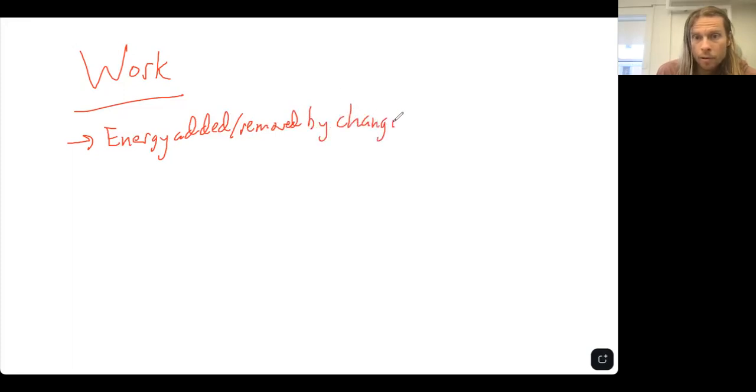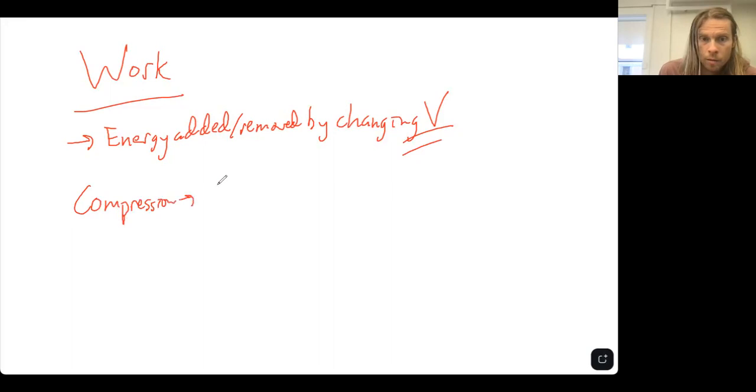And what happens is that the molecules collide with the moving walls. So during compression, delta V is negative, something's getting smaller.